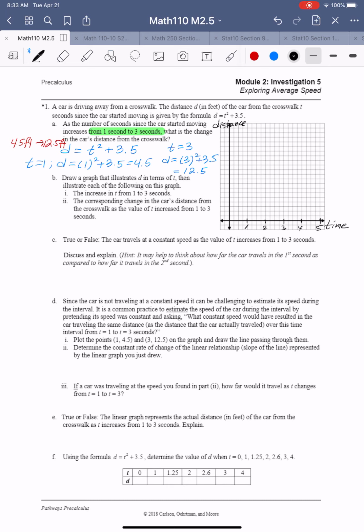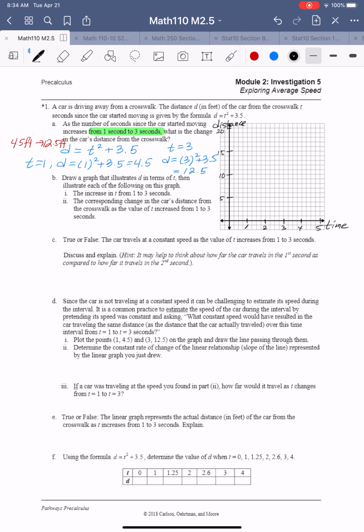On the vertical axis, the distance, let's say each one is a 2. So 1, 2, 3, up to 20. So this about here is 20 feet.